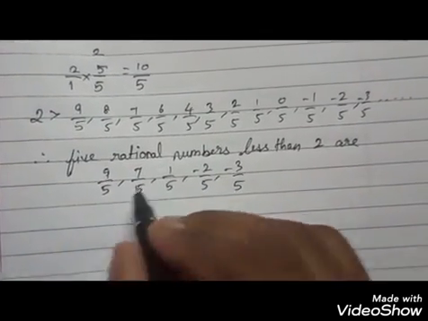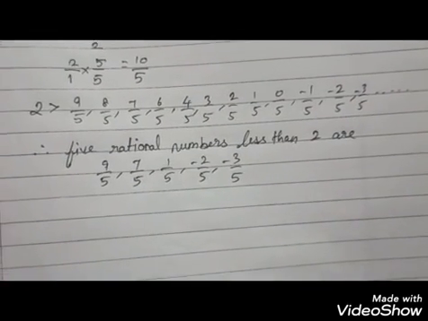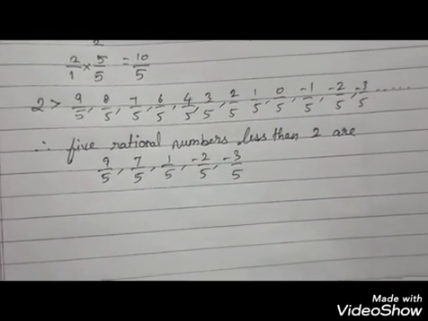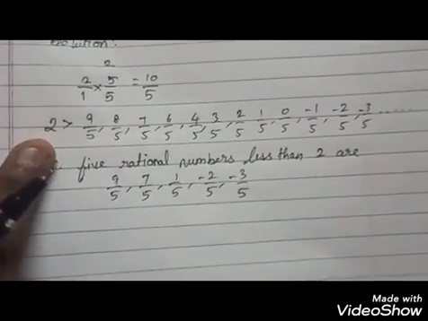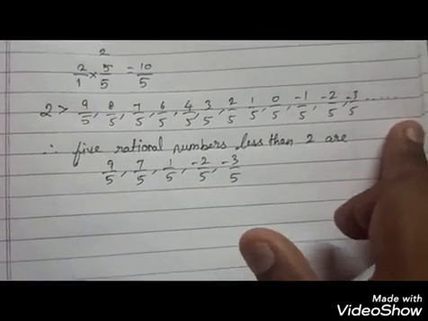So these 5 I took are less than 2. If you take any other number, that should be less than 2 only. So here 2 is greater than all these rational numbers.